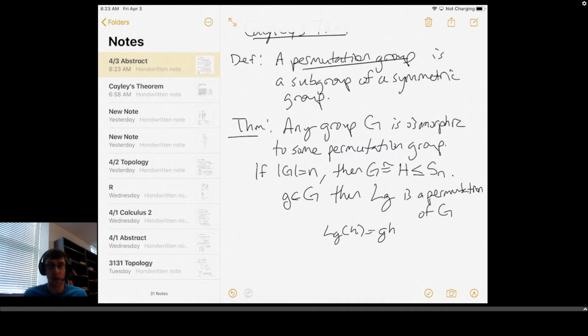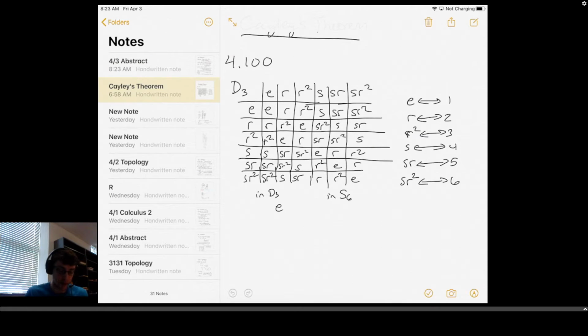So through this left multiplication, you can view little g as permuting or reordering all the elements of the group G, right? Because think about the Cayley table. When you left multiply by an element, we know that in each row and column, every element shows up exactly once, right? So you're really just reordering all the elements.